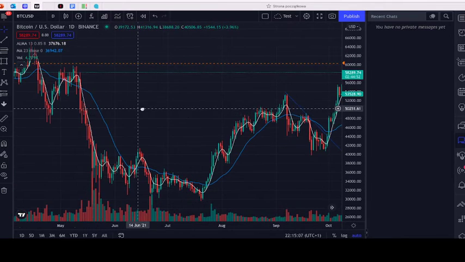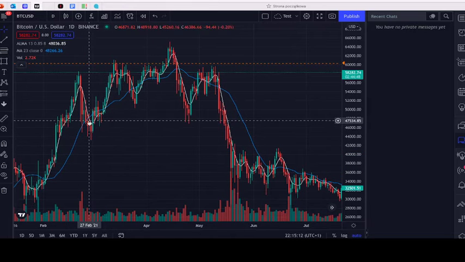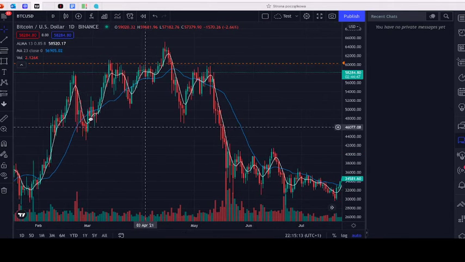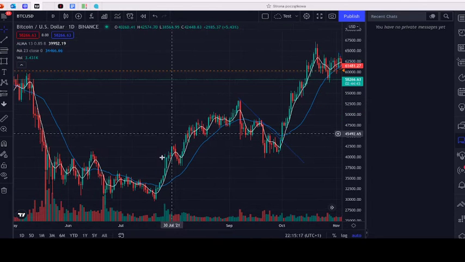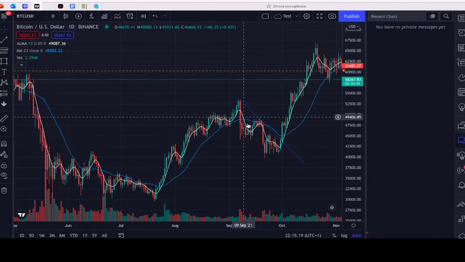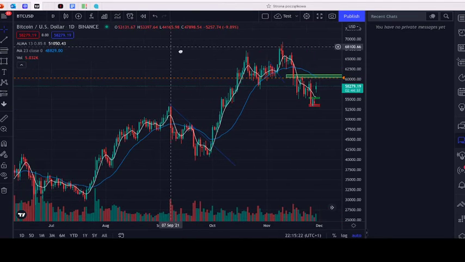Almost always when we cross the line, there was really strong moves down and up and down.